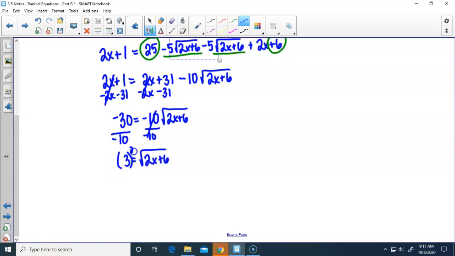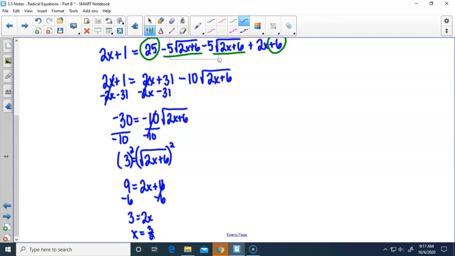I can square both sides here, and I'm going to get 9 equals 2x plus 6. And now just a simple two-step equation. So we subtract our 6, 3 equals 2x. Divide by 2, we're going to get x equals 3 over 2.